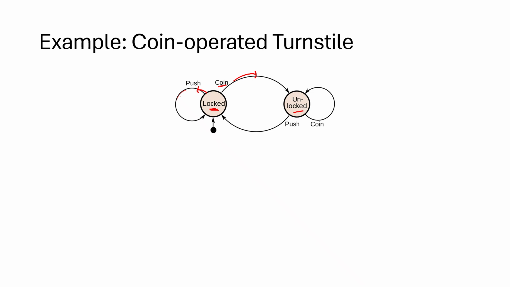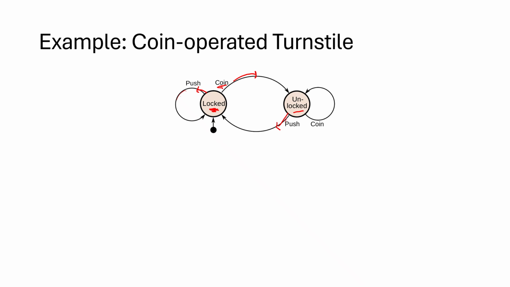Now, if you are in the state of unlocked, which means that you have inserted the coin previously, and the next move is pushing it, then obviously it opens and you go through it, but then the state changes to locked again, because now the next person is coming in and it's supposed to be locked until they insert a coin and so on.